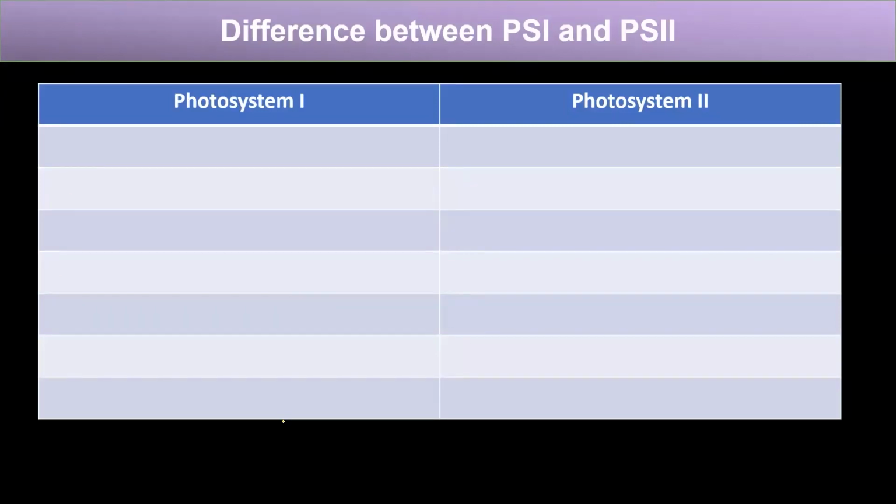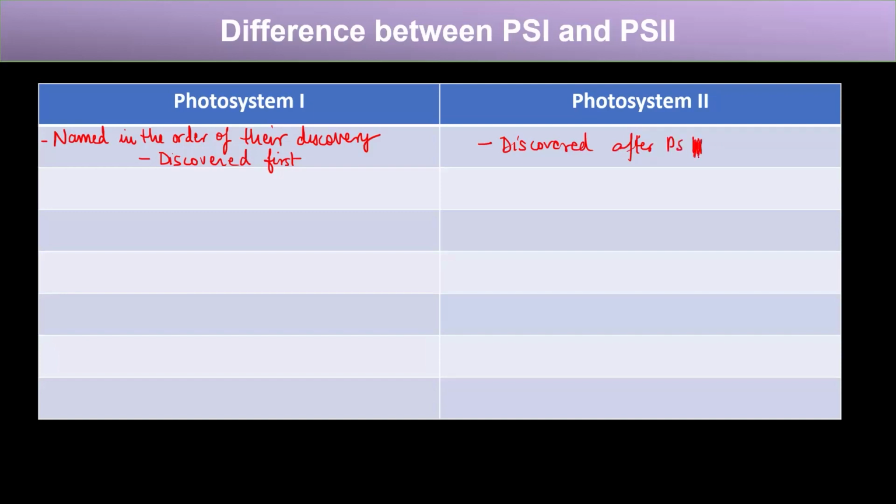They are named on the basis of the order of their discovery, which means photosystem 1 was discovered first. That's why it is called first. Photosystem 2 was discovered second, after PS1. So photosystems 1 and 2 are named in the order of their discovery.